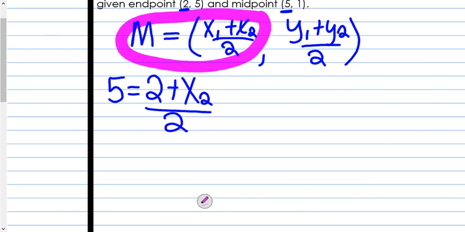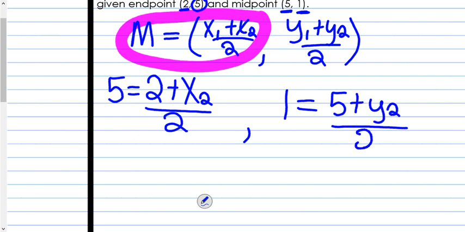Okay, midpoint is 5. I know one of the x-coordinates is 2, and I don't know the other x-coordinate. Okay, we do the same thing for the y-coordinate. The midpoint is 1. So instead of m, I'm going to write 1. 1 equals, the other y-coordinate they gave me was 5, so 5 plus y2 divided by 2.